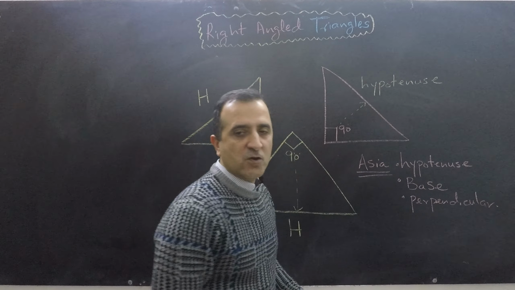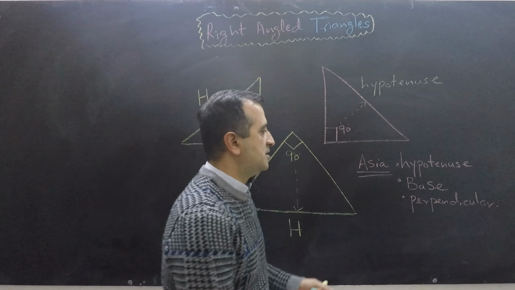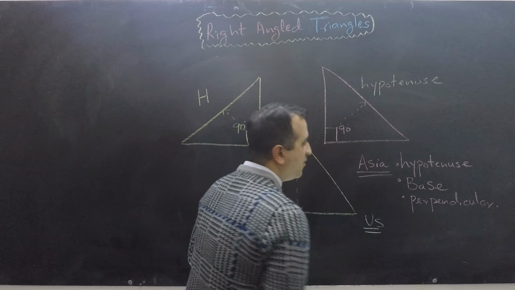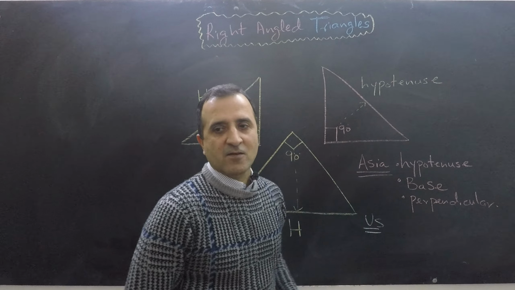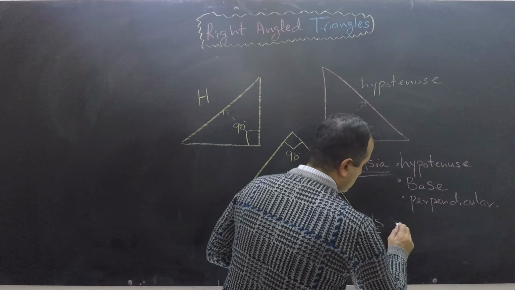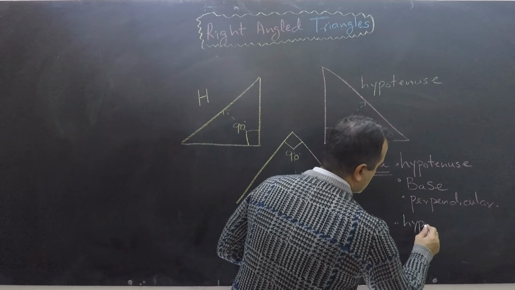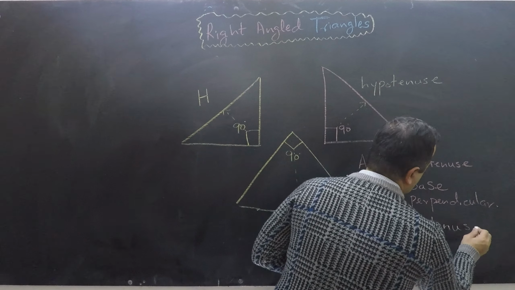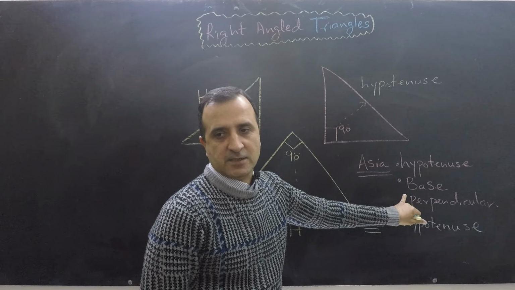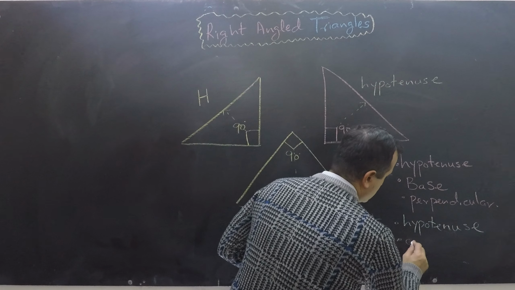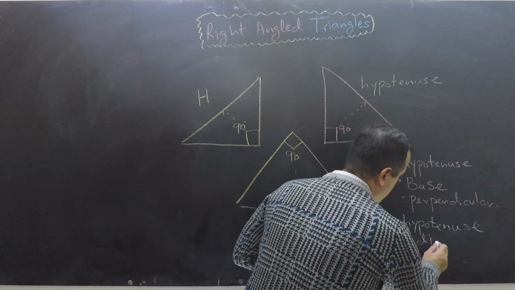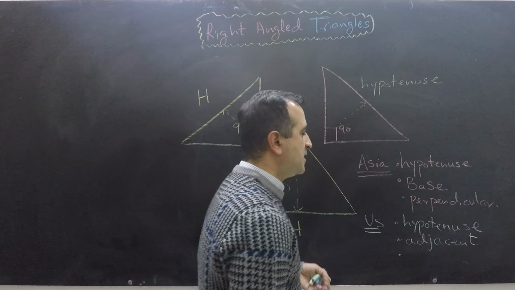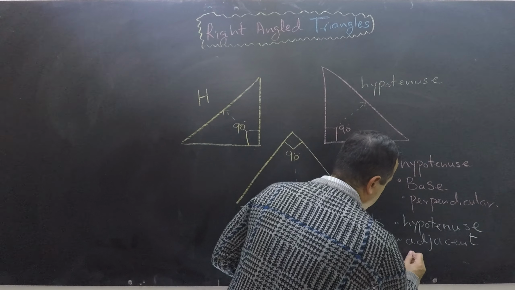But if you are living towards the other side of the globe, maybe in Europe or in USA, then we agree on hypotenuse, that one side is hypotenuse there also. But base is adjacent, so base becomes adjacent. And perpendicular becomes opposite.